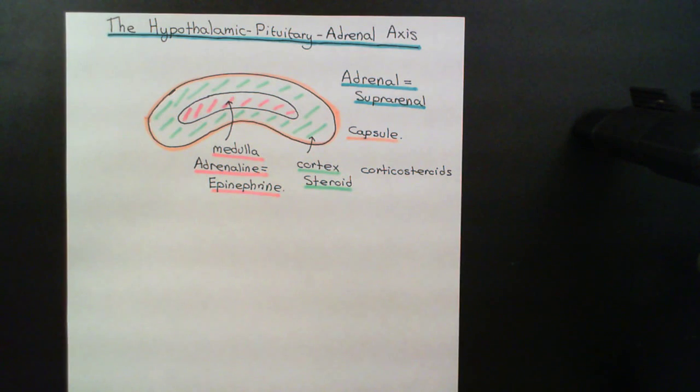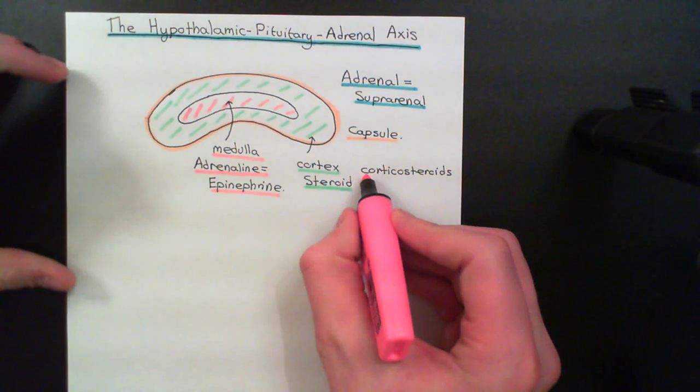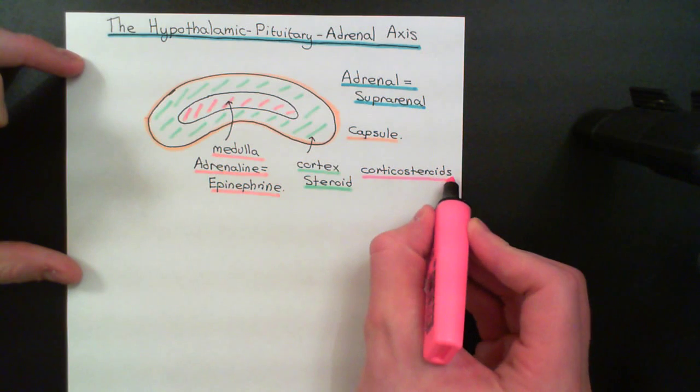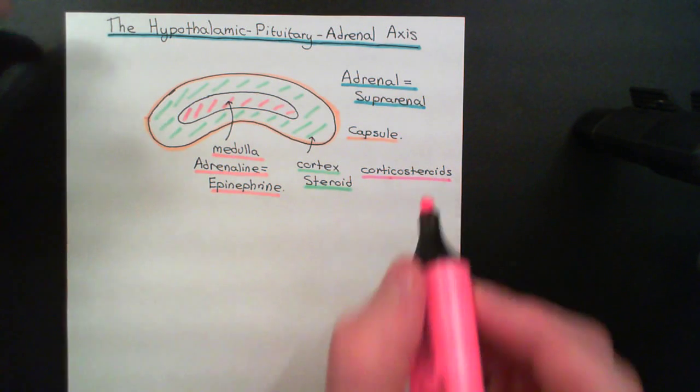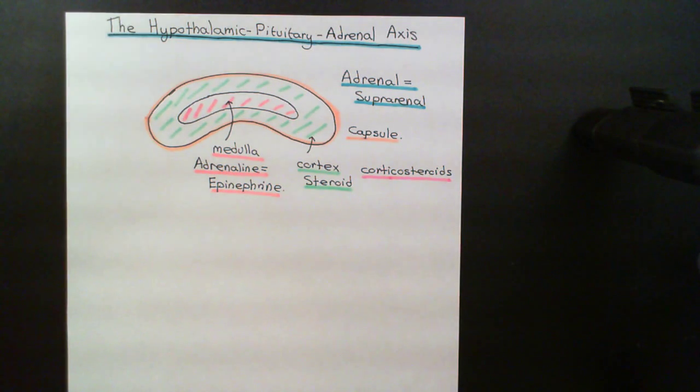So if you hear that term, and it is in common use, it means the steroid hormones produced by the adrenal cortex, and there are lots of examples of steroid hormones that are not produced by the adrenal cortex and therefore are not corticosteroids but are steroids.